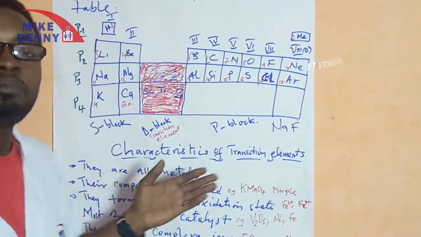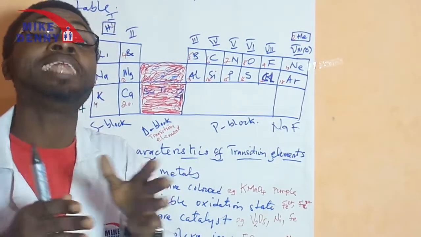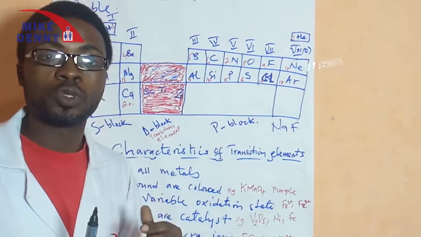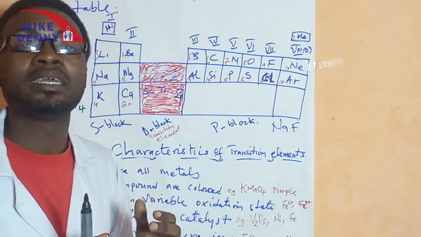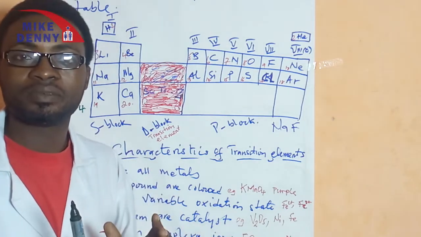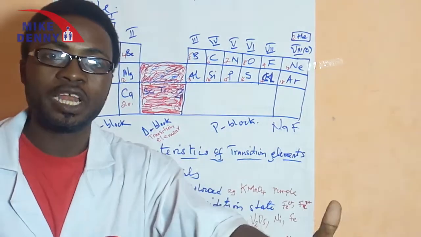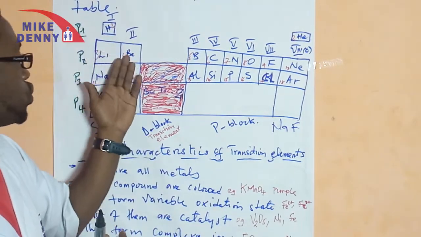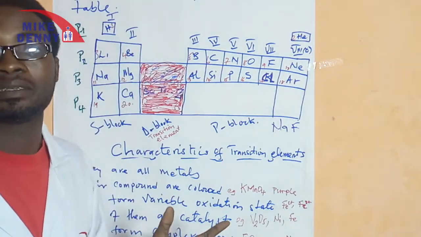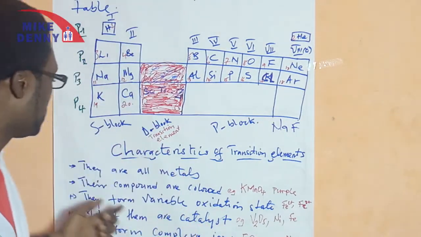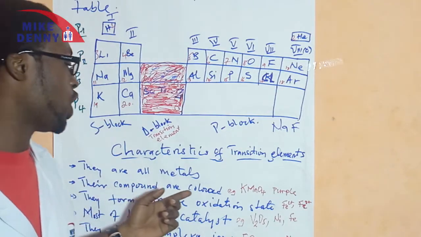Now, under transition element, you are going to look at their characteristics. They are all metals, the same as group 1 and group 2. Even group 3 are metals. What are their differences now? What is the difference between transition element and group 1, 2, and 3? Since all of them are metals, we're going to look at those differences. They form colored compounds.